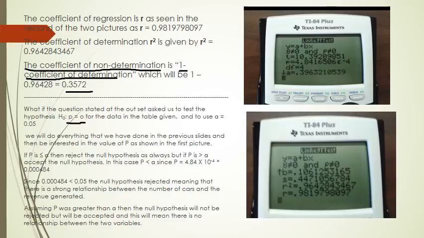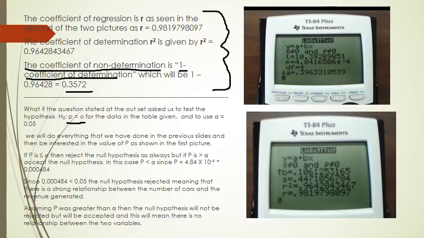Well, we do everything that we've done in the previous slides. You put in your L1 values as the independent variable, you put in your L2 values as the dependent variable, and you go to tests and go to LinRegTTest, just the way we did when we arrived at the coefficient of regression.